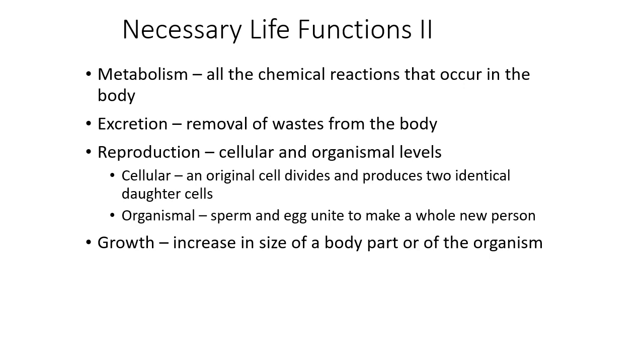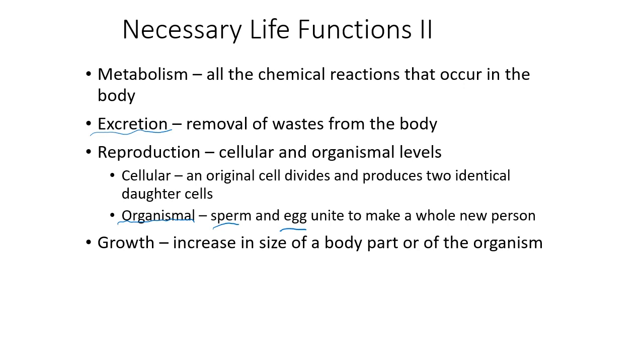We've mentioned the need to get rid of waste, so we have excretion needs. This is going to come primarily from the urinary system as far as the processes, but skin and lungs can help out with that when needed, as well as the digestive tract. When we think of reproduction, most of the time we think of the entire organism. So we need to be able to produce a sperm and an egg, and so the gametes have to be able to be produced.